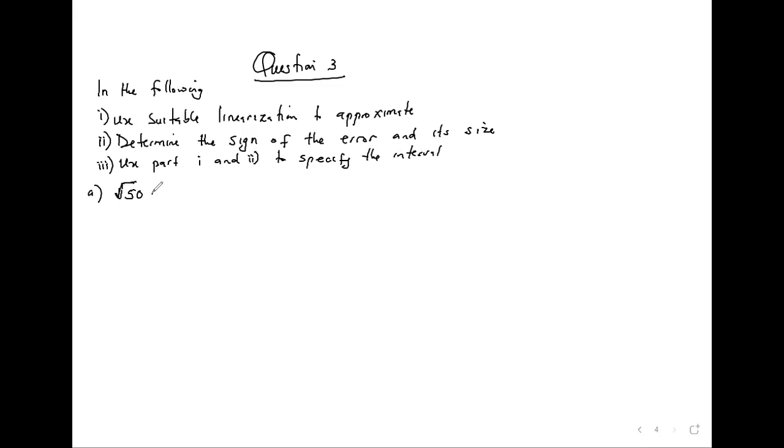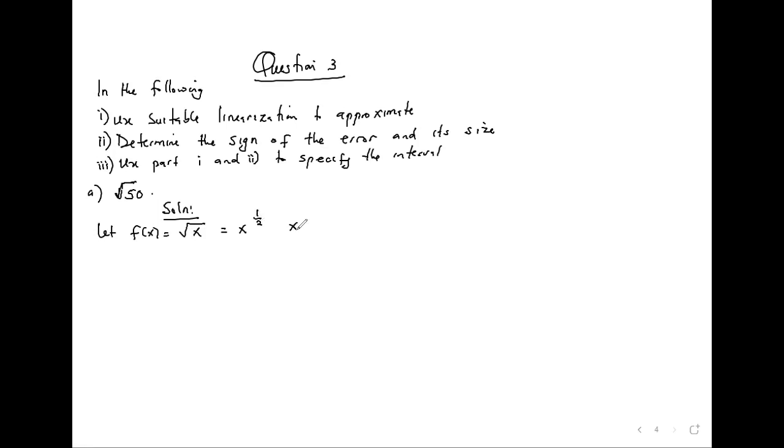So the root of 50, the first thing you do here is you assume a function. Because you're dealing with root, this means that our function f of x be equal to root x, implying that we are dealing with x to the power half.